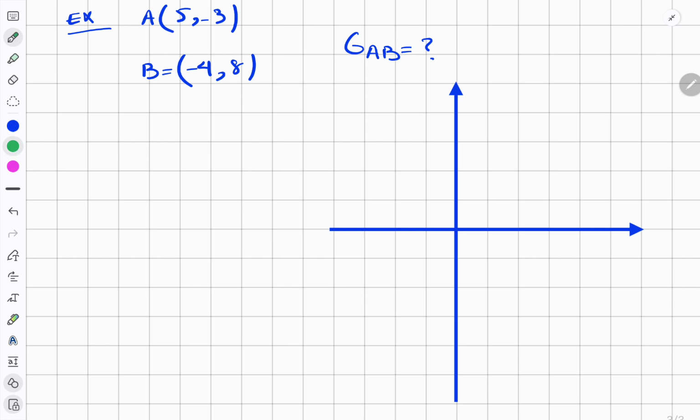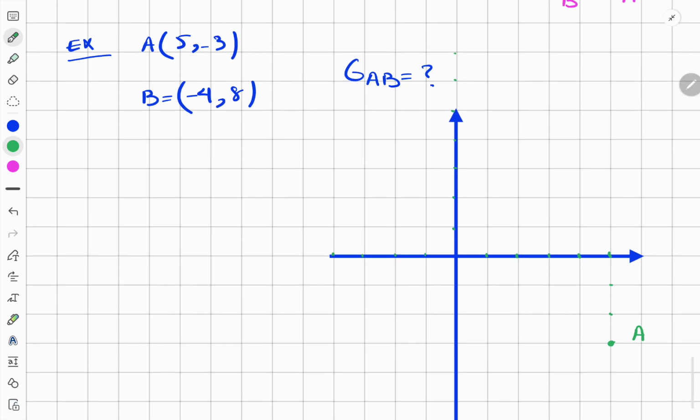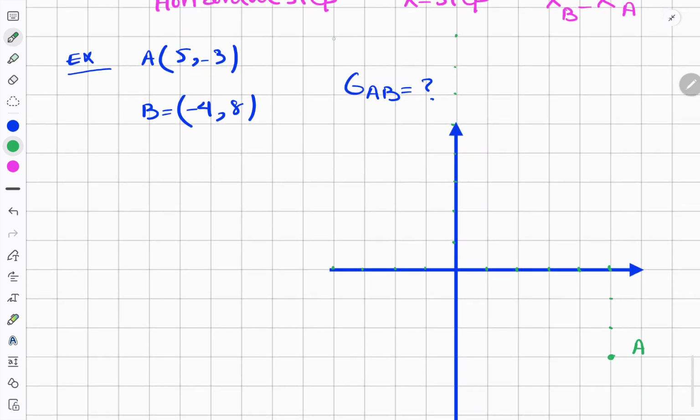We have 5 and negative 3: 1, 2, 3, 4, 5 and negative 3. This is point A, and B is negative 4: 1, 2, 3, 4 and 8: 1, 2, 3, 4, 5, 6, 7, and 8. This is point B, and now I'm gonna draw a line passing through these 2 points.